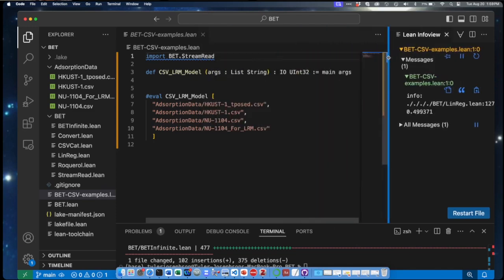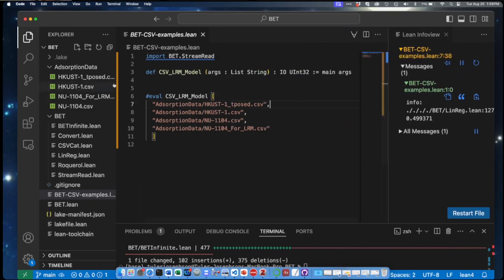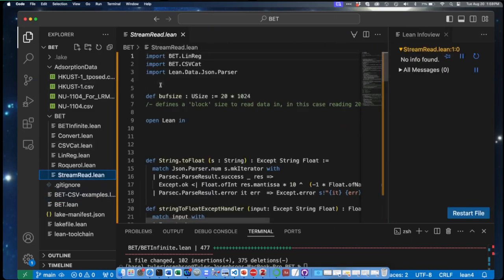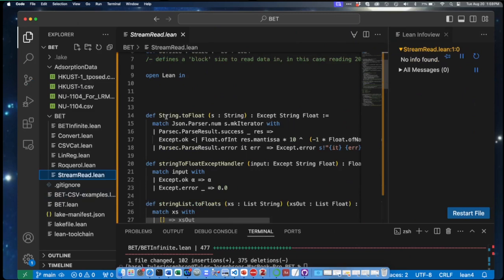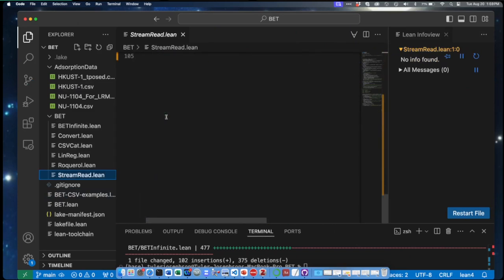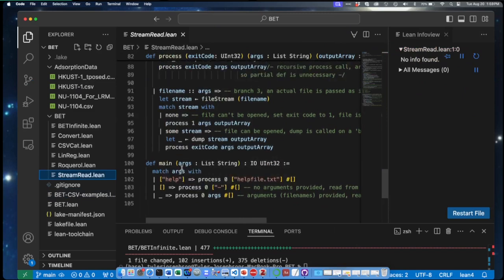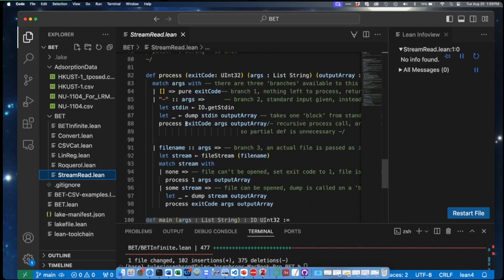And so we provide paths to some different CSV files. And this is importing the stream read at the very top. And stream read is where we have main defined at the end. What does main do? Well, main calls process. What does process do?